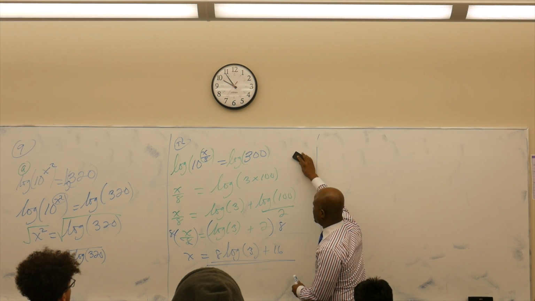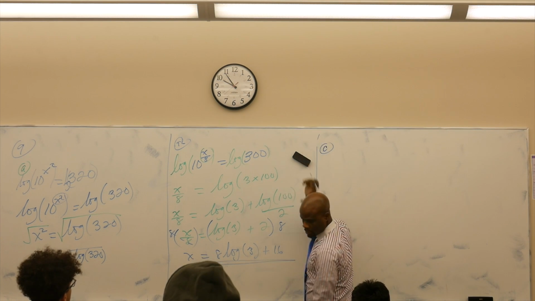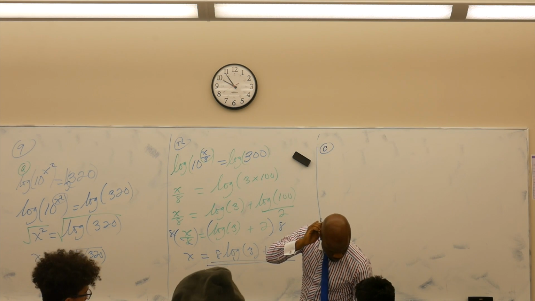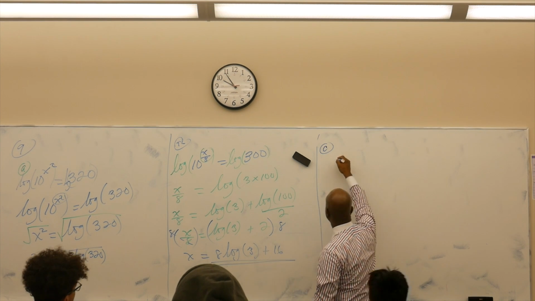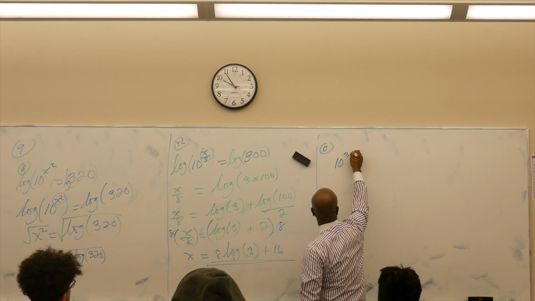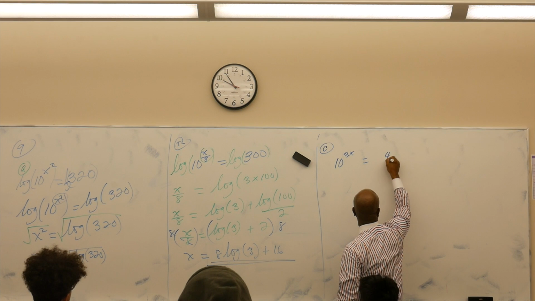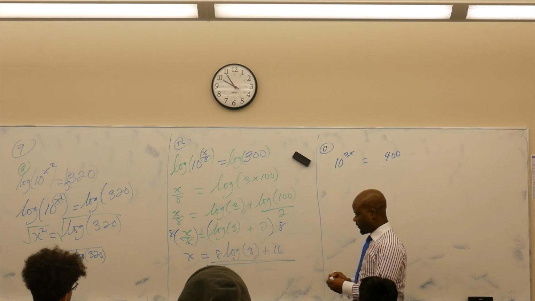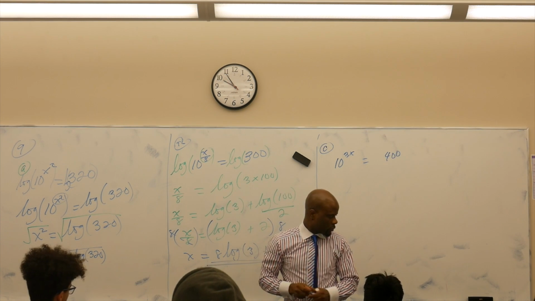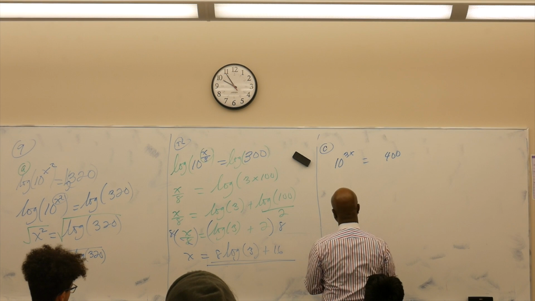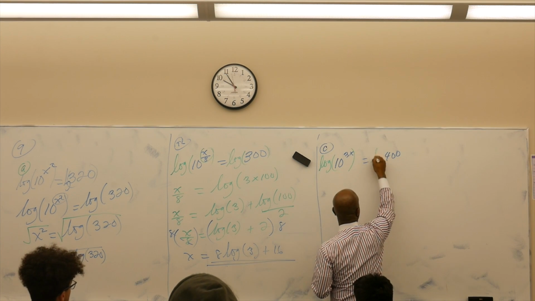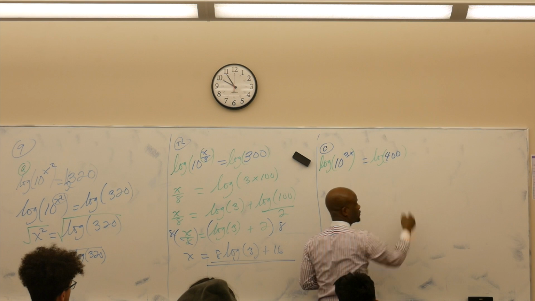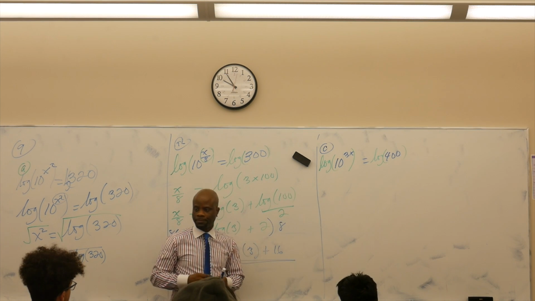The problem is 10 to the 3x is equal to 400. So just like before, we're taking the log of both sides, right?